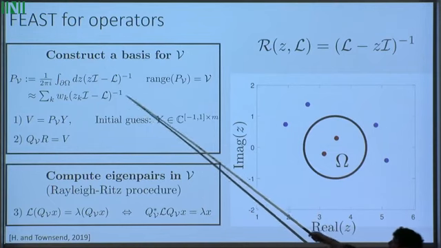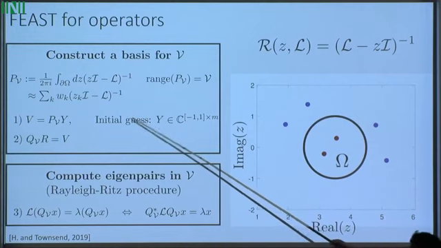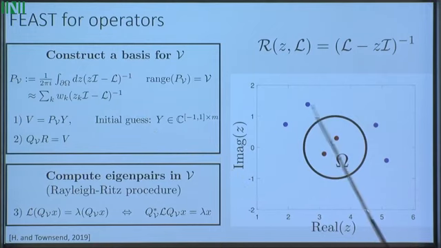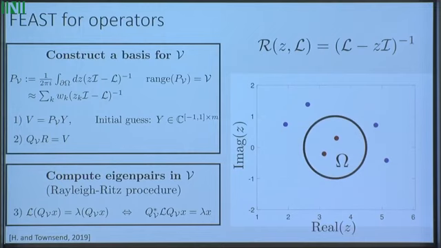In practice, you usually apply the inverse by solving shifted linear systems. So instead of solving shifted matrix equations, we're solving shifted linear differential equations or integral equations. So this is the sort of strategy that we're interested in because of two reasons.